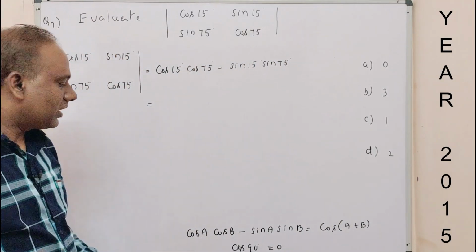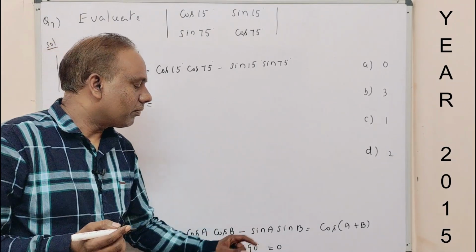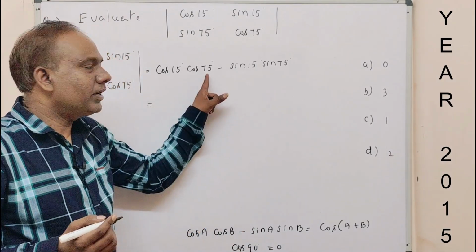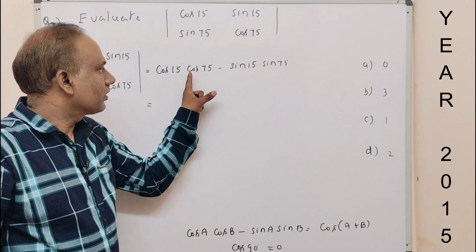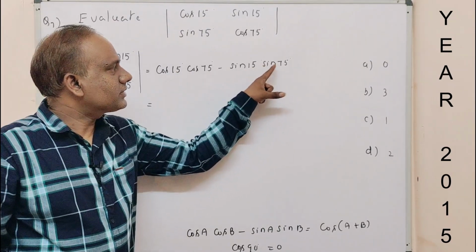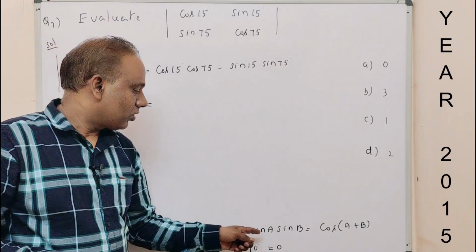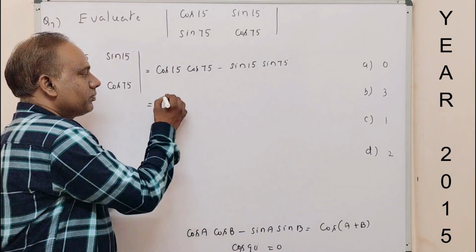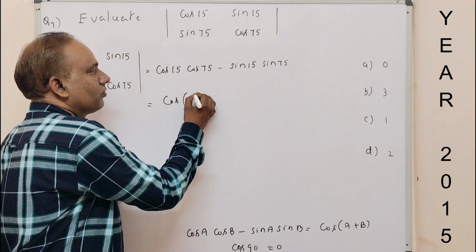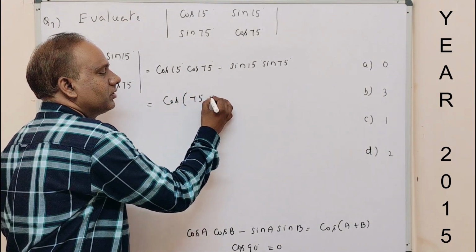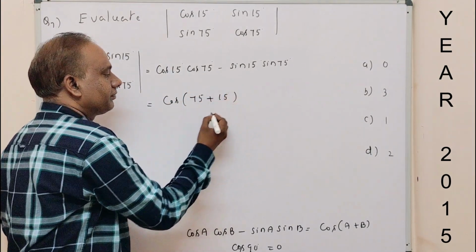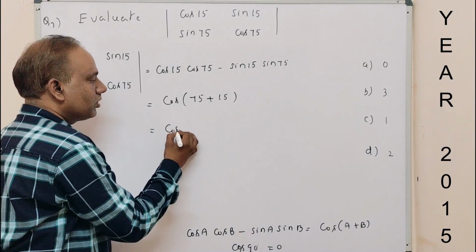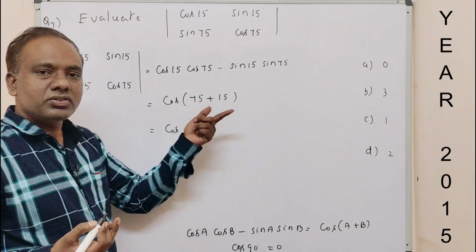So actually it is like cos A cos B minus sin A sin B. You take the big number, you take it as A. Now cos A cos B minus sin A sin B is equal to cos of A plus B. Cos of A means you take big number plus B. In the case of positive, no problem.